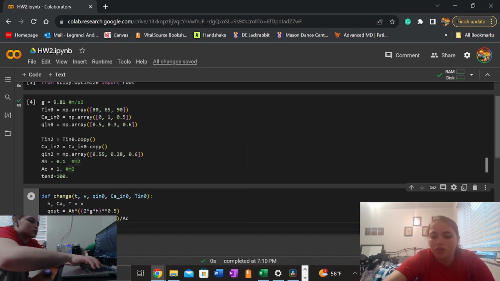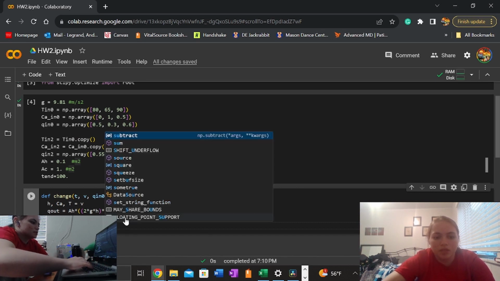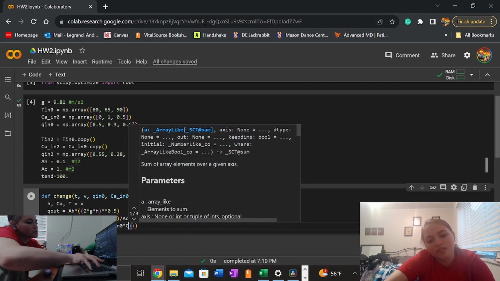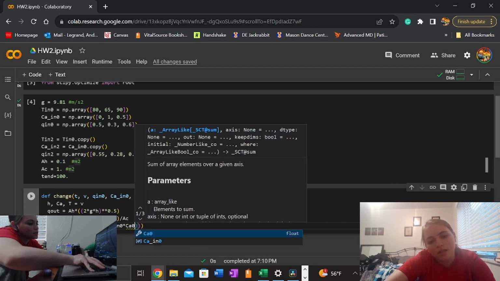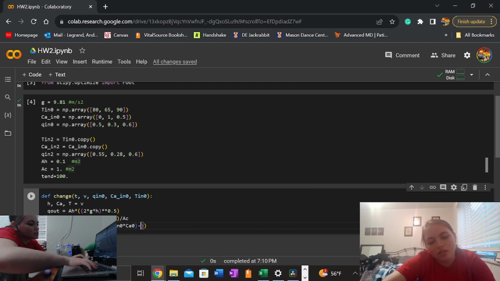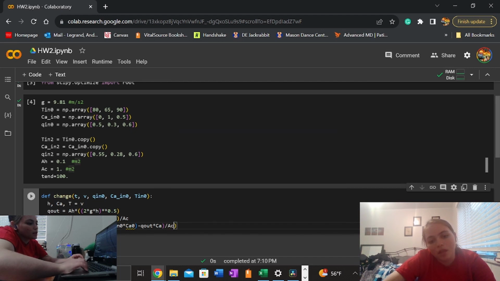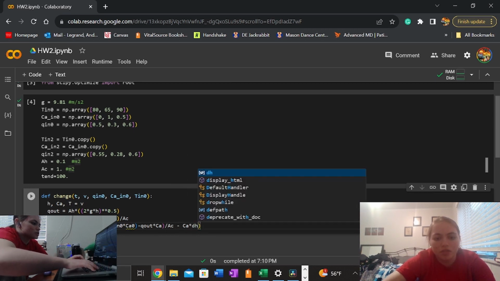I'm going to do 1 over H times np.sum of our Q in naught times CA naught, and that parentheses minus Q out times CA, and then divide that by cross-sectional area. And then within this, we also subtract our CA times DH.